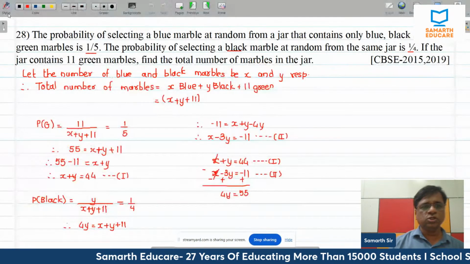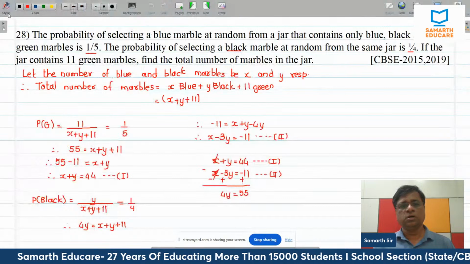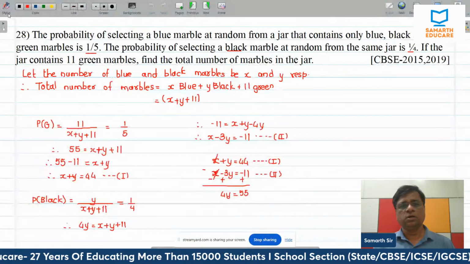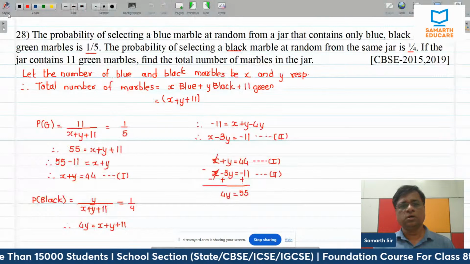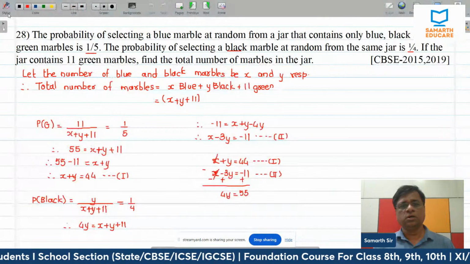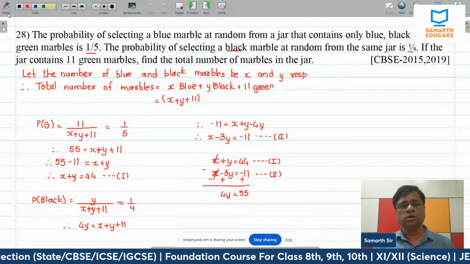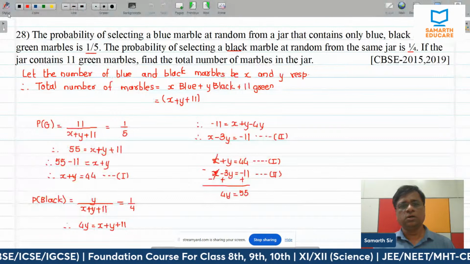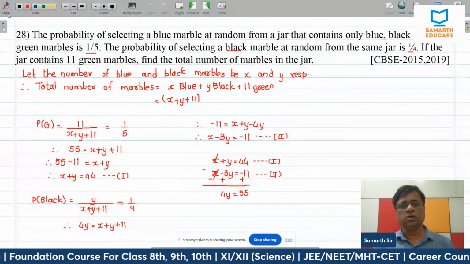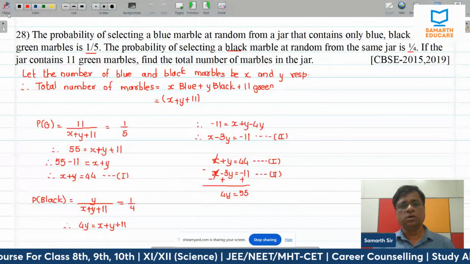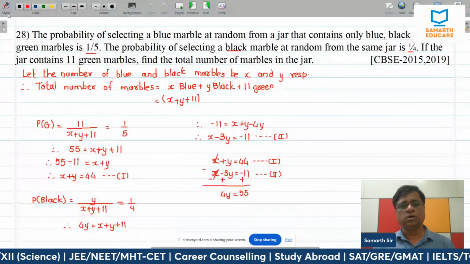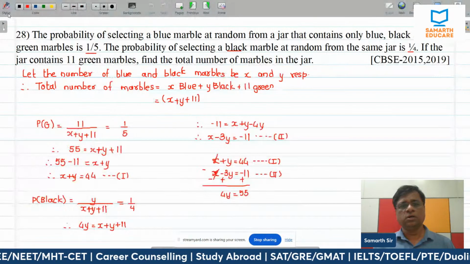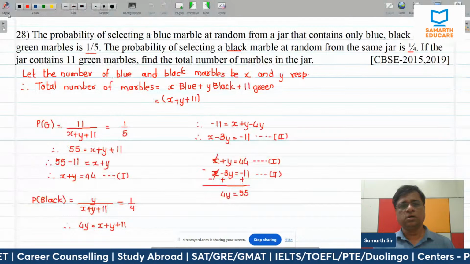All right, so this was a question. Take out every part from here. So let me correct the mistake that was done in the last class now.